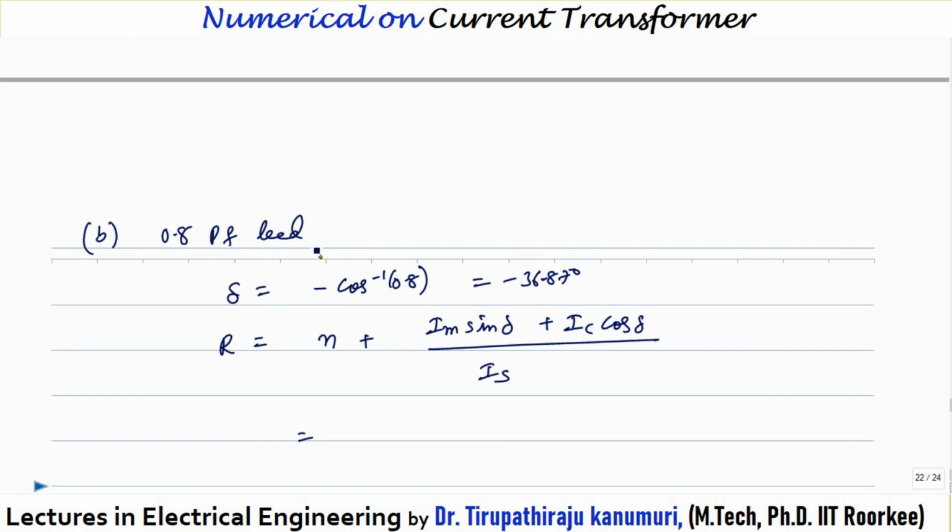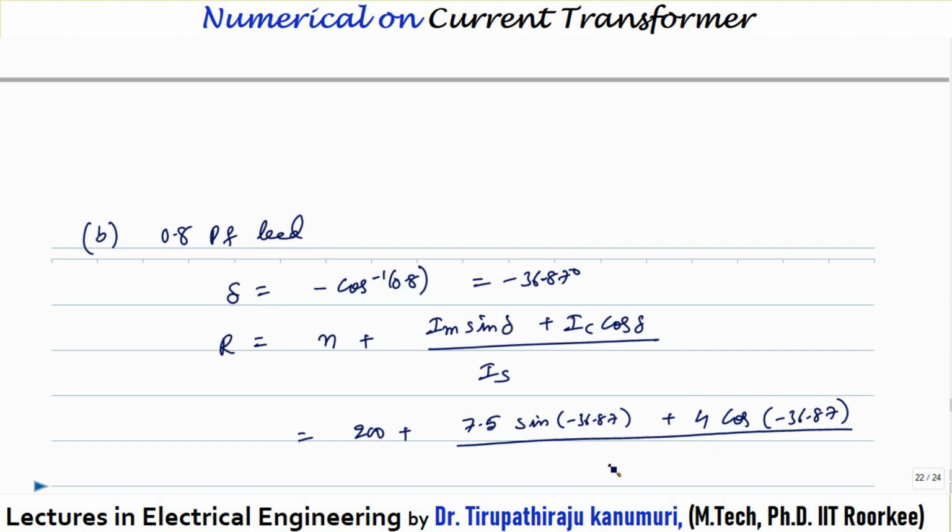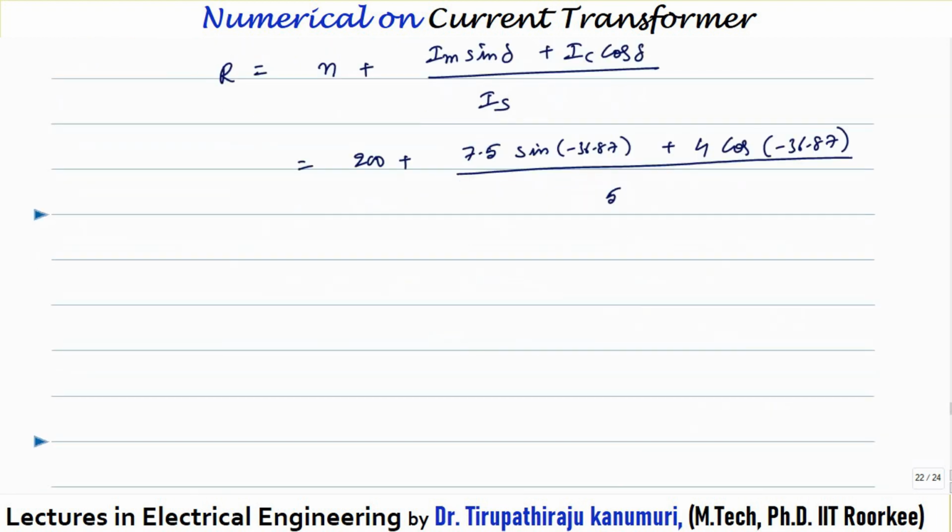Remaining things will be the same. So this will be equal to 200 plus 7.5 into sine of minus 36.87, plus Ic, which is 4, into cos of minus 36.87, divided by the secondary current of 5 amperes. When you calculate this, sine of minus 36.87 becomes negative, so the overall value becomes 200 minus something, which is 199.74.